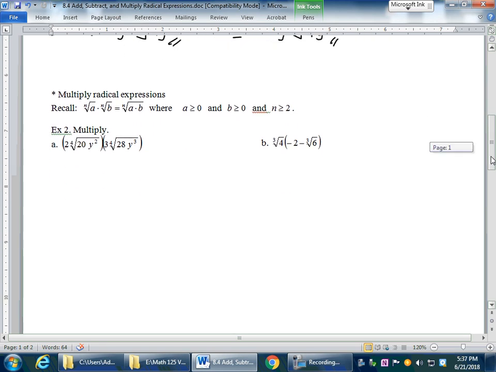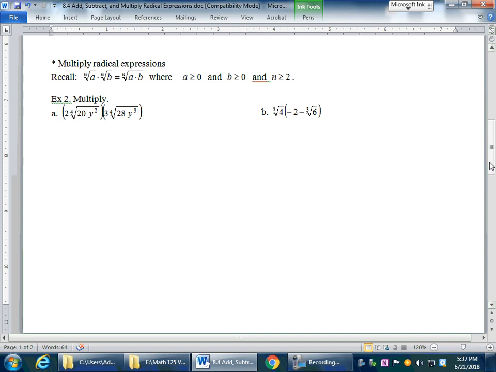Next is multiplying radical expressions. Recall, you can only multiply two radicals if the indices of the radicals are the same. And of course, the radicand must be greater than 0, and n is greater than or equal to 2. So for the first example, I have 1 term times 1 term.